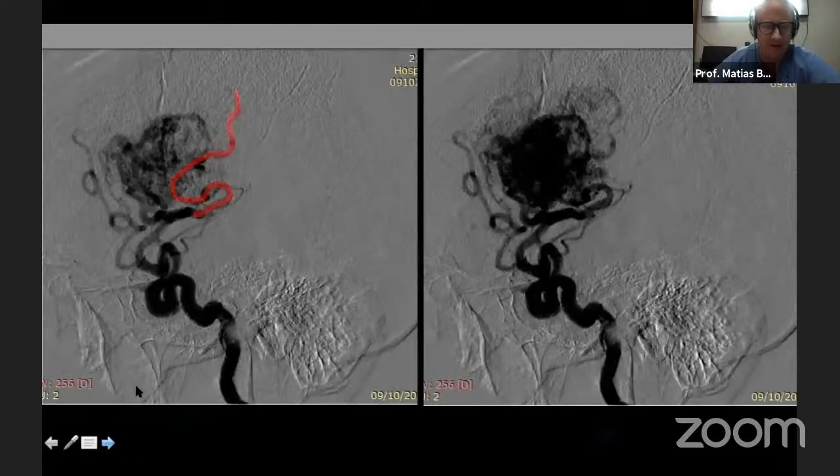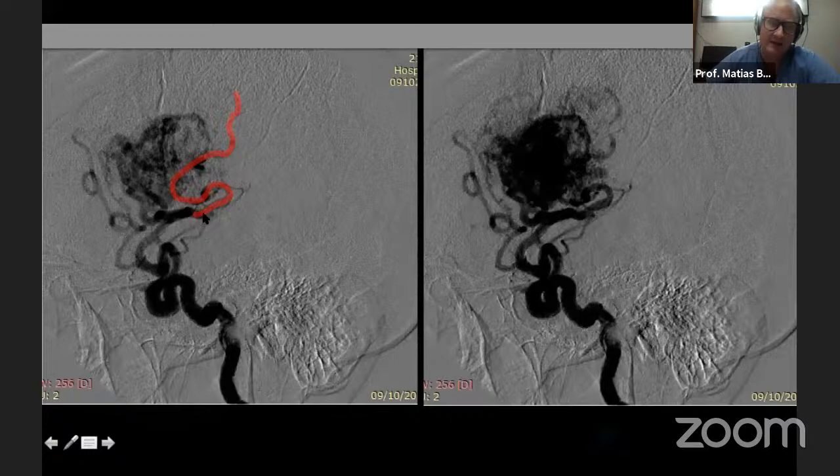Here, another lateral projection, and we can observe this precentral artery that was in this case an artery in passage. We know that the artery in passage we need to preserve in order to avoid ischemia, especially in this case, because this artery is vascularizing the precentral gyrus on the left side.